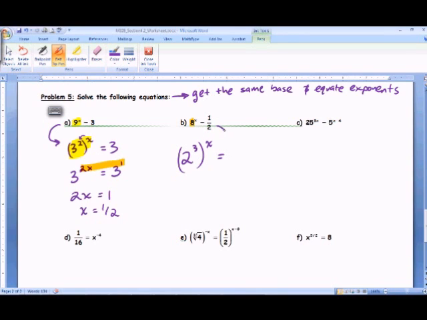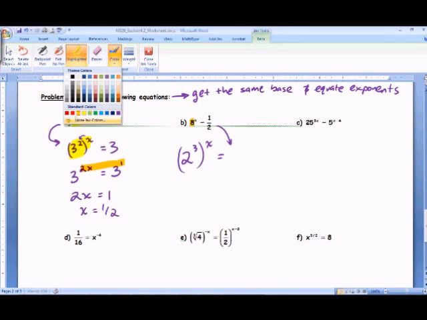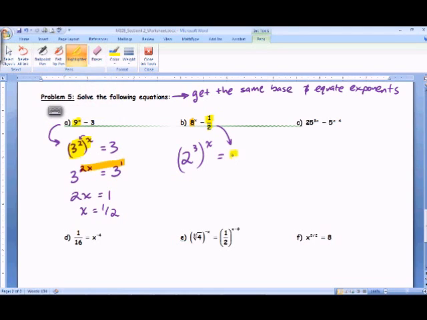And in fact, I can also rewrite 1/2. I could think of 1/2 as 2 to some power. Once again, if I were in class today, I would ask people what that is, but it's 2 to the negative first. So I've got 2 to the 3x equals 2 to the negative first.